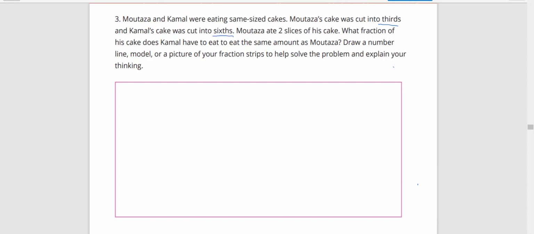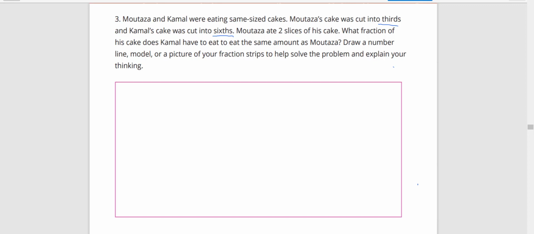Mu'tazza ate 2 slices of his cake. What fraction of his cake does Kamal have to eat? The same amount as Mu'tazza. Draw a number line, model, or a picture of your fraction strip to help solve the problem and explain your thinking.